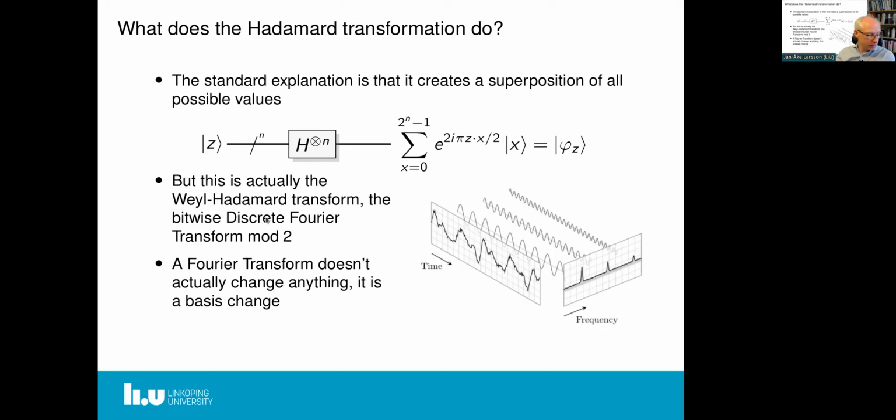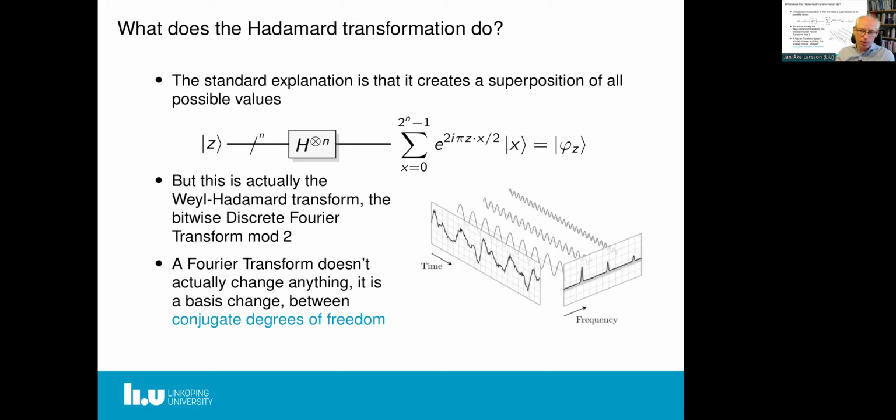And you probably know that the Fourier transform does not change anything. It's a basis change in the vector space we're using for our description, which means it writes information that was in the computational degree of freedom to the phase degree of freedom. You could think of it as a change from time to frequency, or as a change from position to momentum. All of these are connected by Fourier transforms.